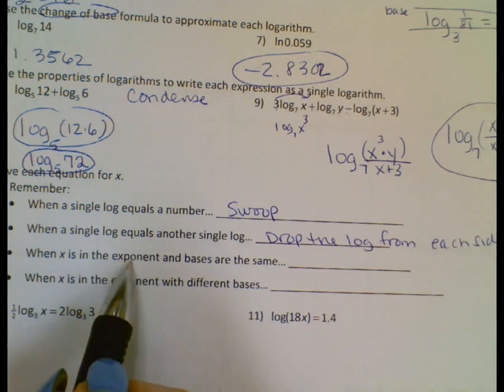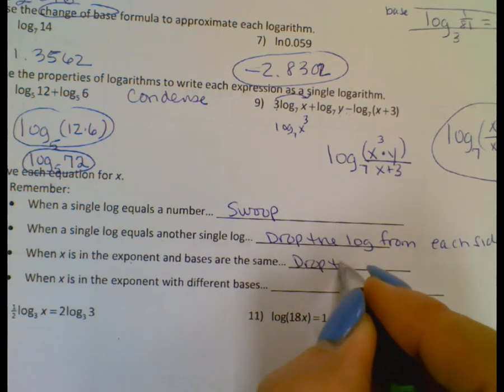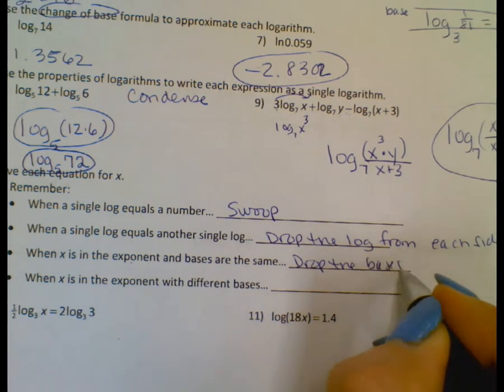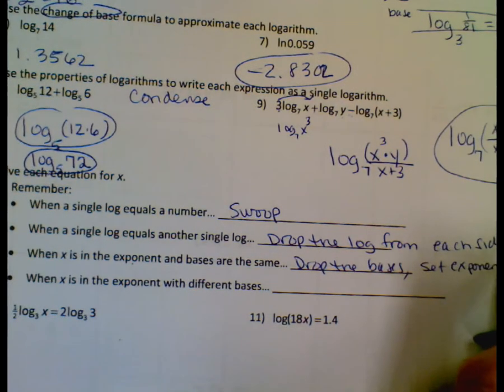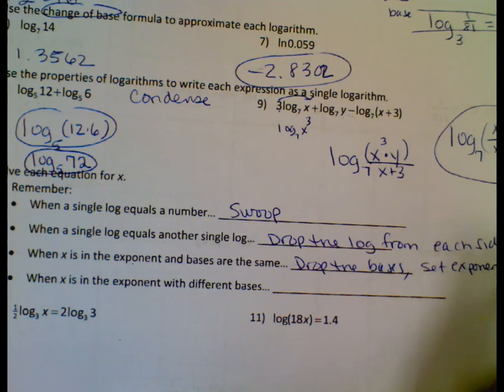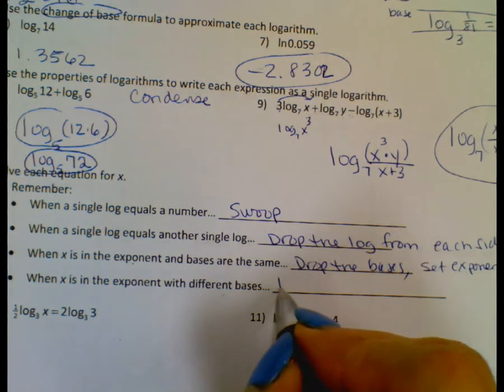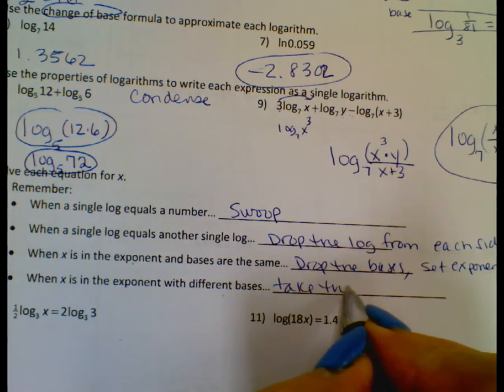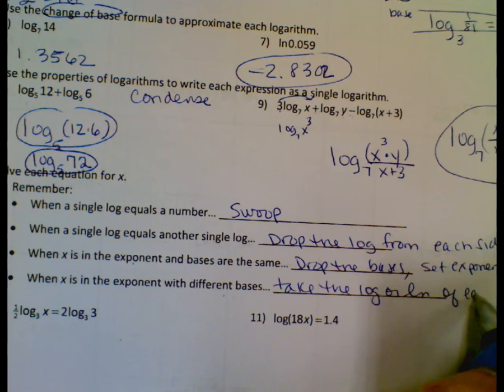When x is in the exponent and bases are the same, you're going to drop the bases and set exponents equal. When x is the exponent with different bases, take the log or natural log of each side.